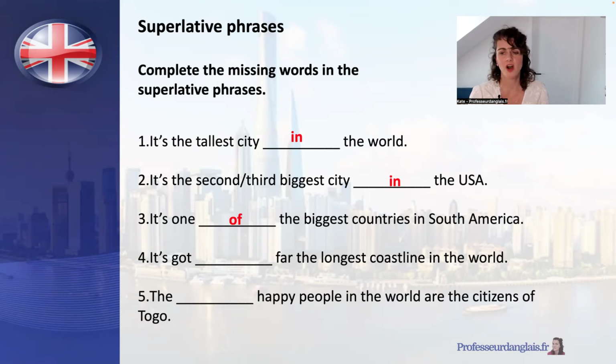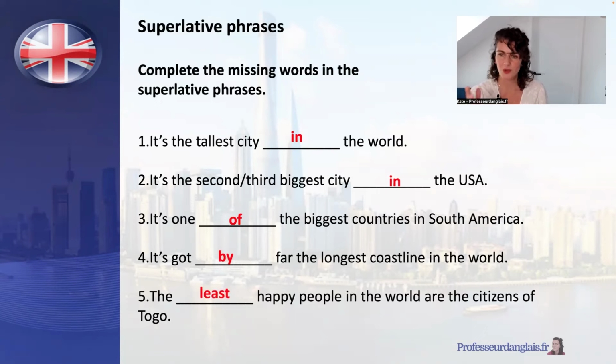It's got by far the longest coastline in the world. And number 5. The least happy people in the world are the citizens of Togo.